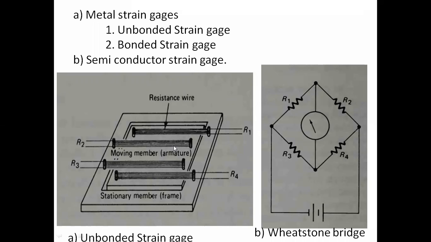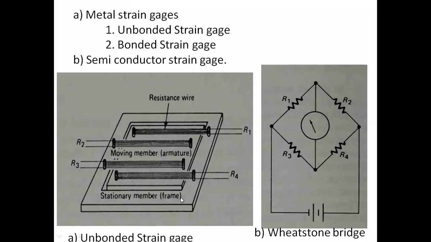The figure below shows the structure, or configuration, of the unbonded strain gauge. Here we consider two members. This one is the stationary frame, or stationary member.